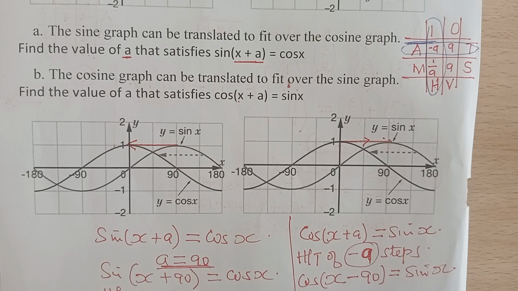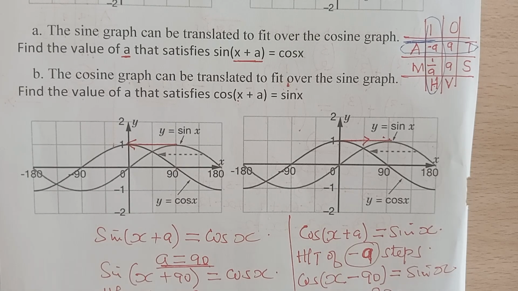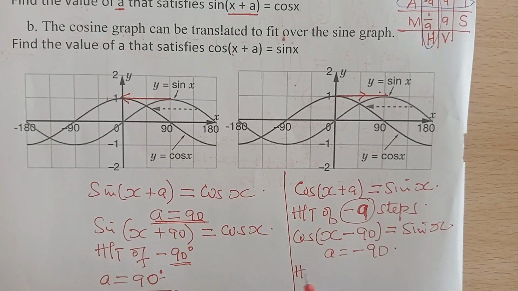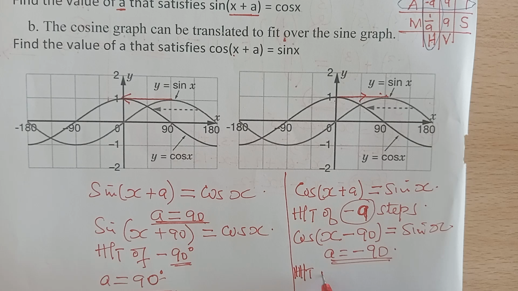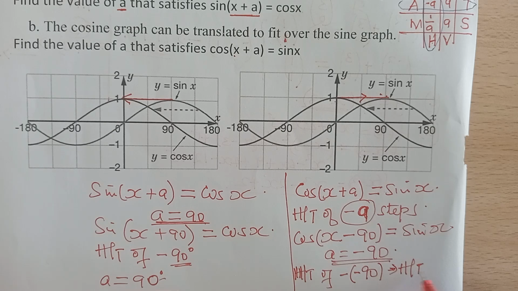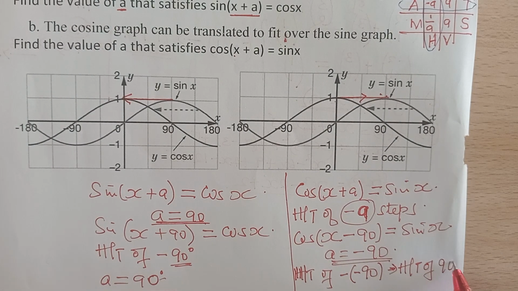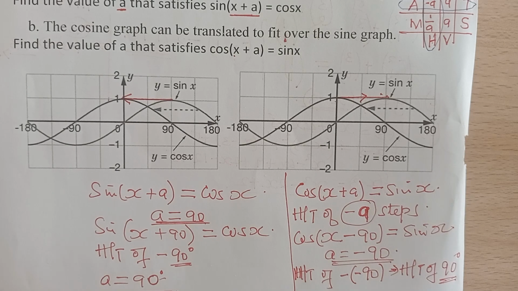Our A is -90, such that horizontal translation of negative A, because our A is -90, becomes a horizontal translation of positive 90 degrees.